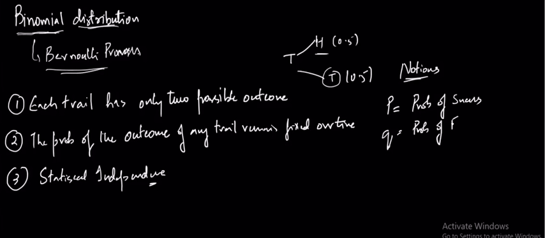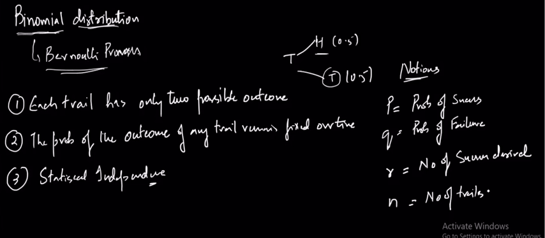Since we have only two possible outcomes, one is a success, another one is a failure, therefore there are only two. Then we have this small r, that is the number of successes desired. And then we have the n, that is the number of trials taken. So these are the notations.